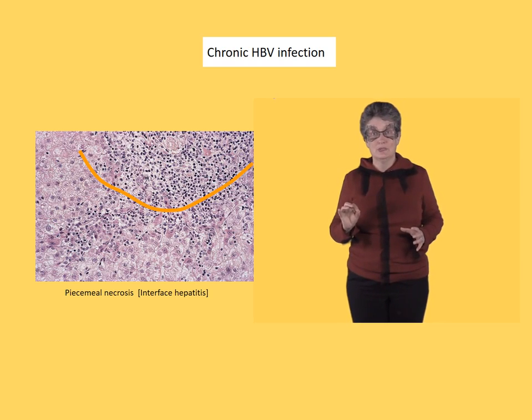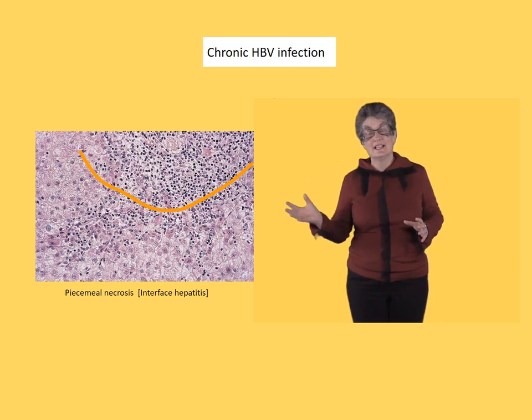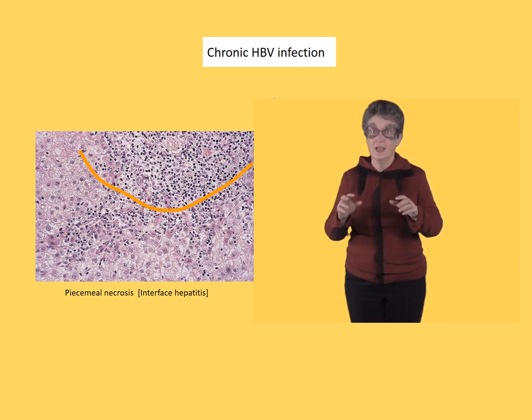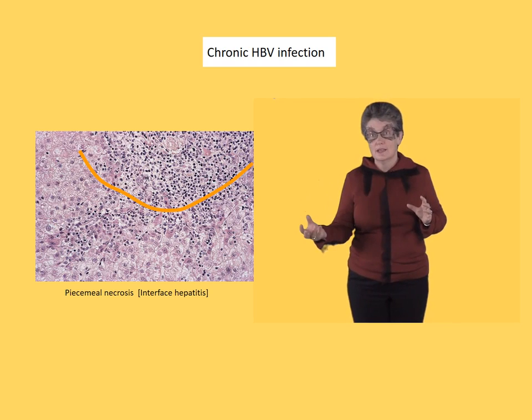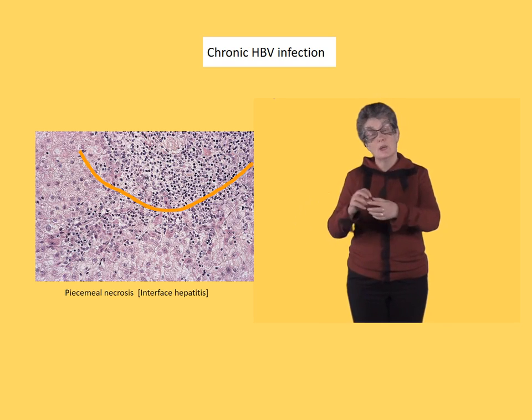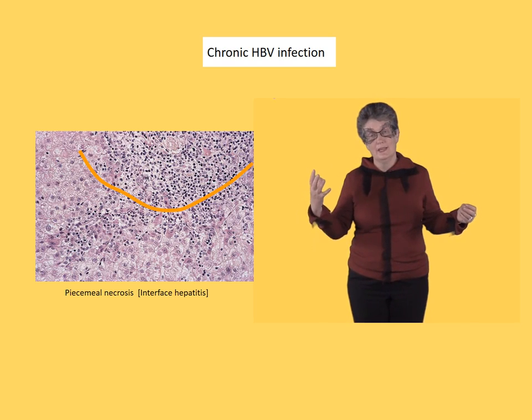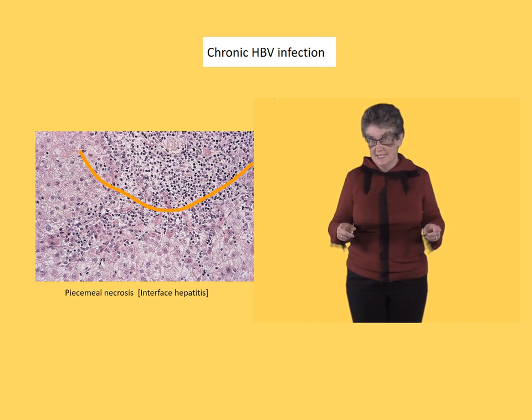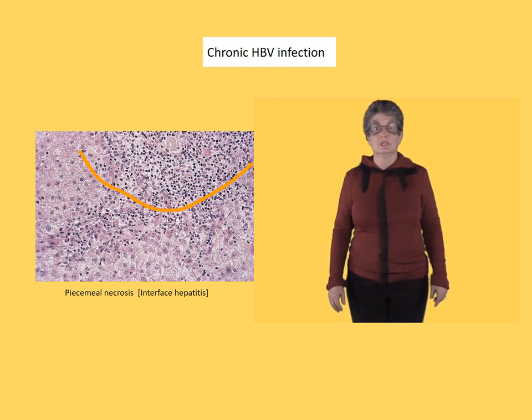This is piecemeal necrosis. Those liver cells will die, and as they die, they're replaced by fibrosis. Thus, we get expansion of the portal tract and bridges between the portal tract and the central vein. This is step one in the road to cirrhosis.